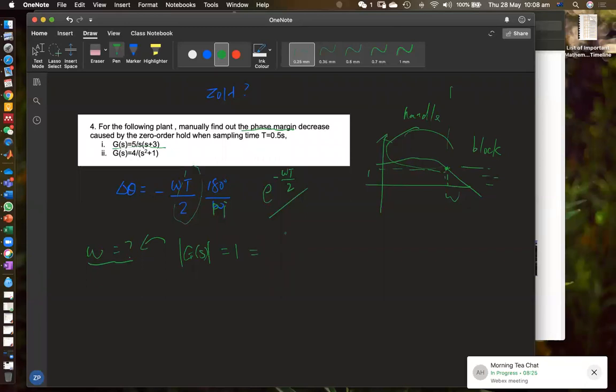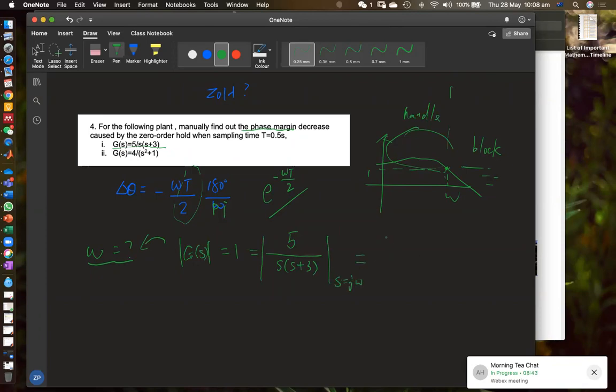So this is when we have 5 on top. We don't know the omega yet. The bottom is s plus 3. That's where we start, and we normally set s equal to j omega.